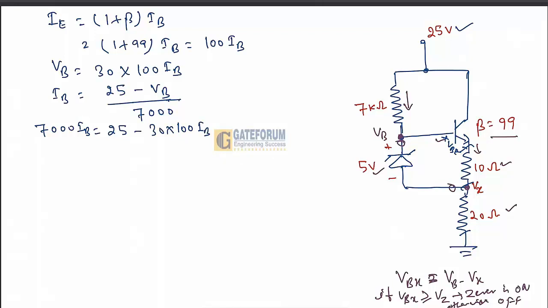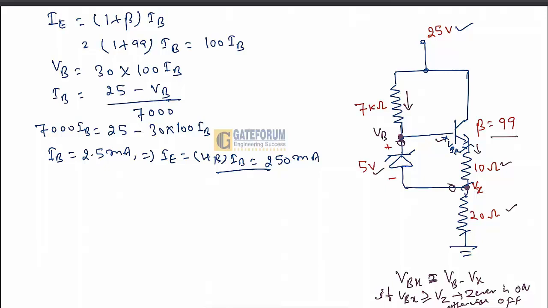After doing this, we get IB equal to 2.5 milliampere, and this implies that IE is equal to 1 plus beta times IB. Substituting beta as 99 and IB as 2.5 milliampere, this IE will become 250 milliampere.